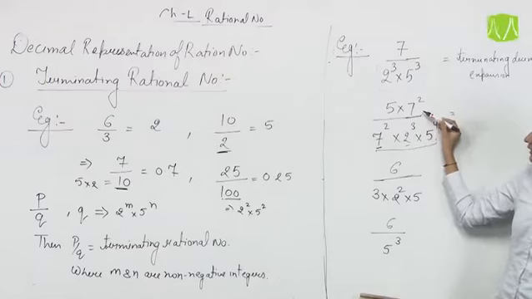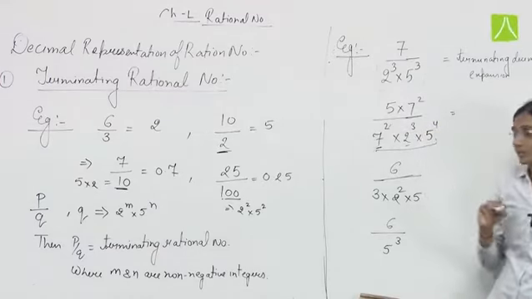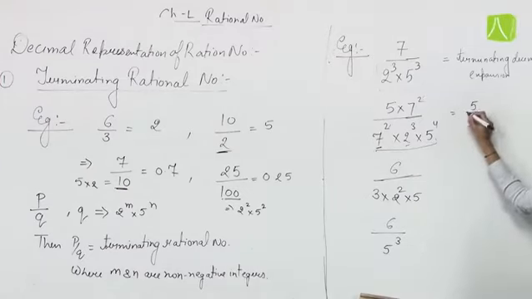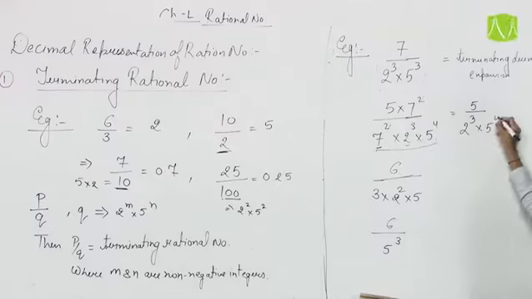But in the numerator there exists 7 raised to the power 2. It got cancelled. So finally the fraction is 5 upon 2 cube, 5 raised to the power 4.